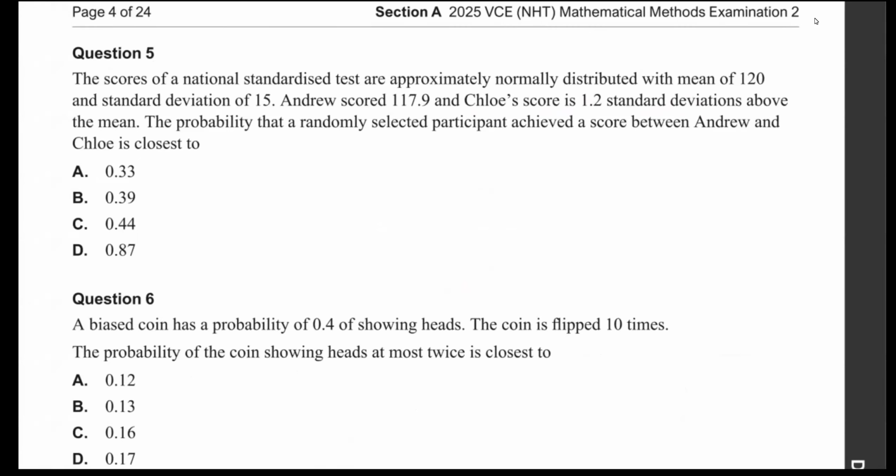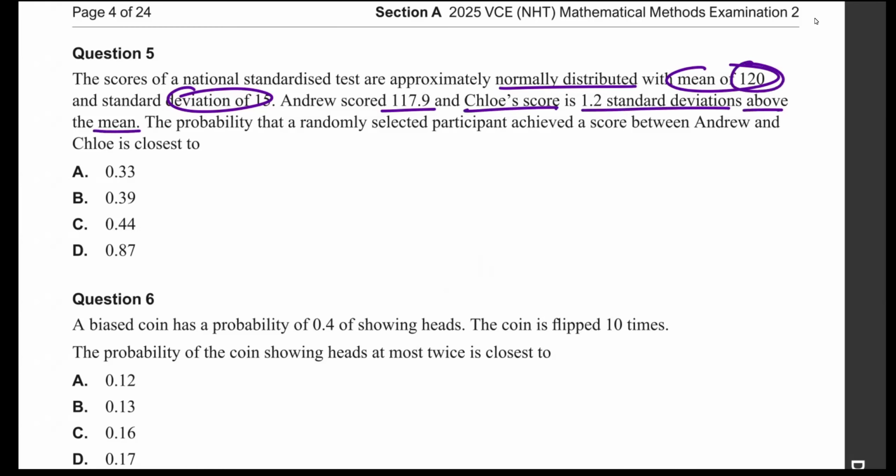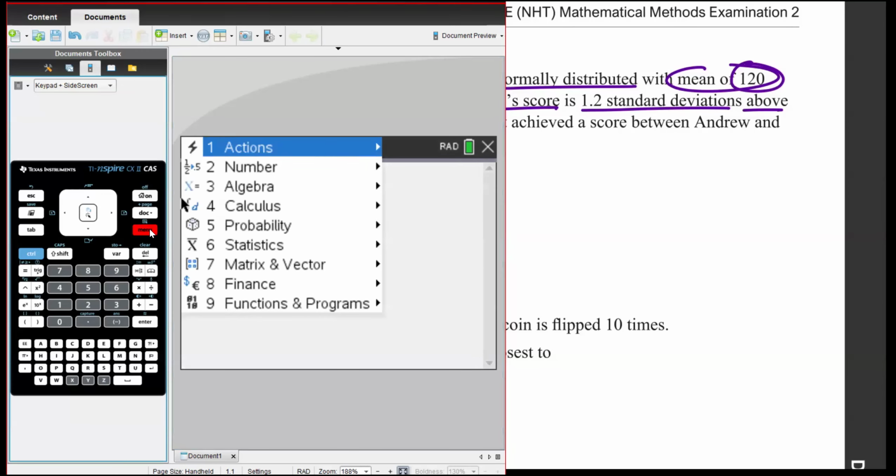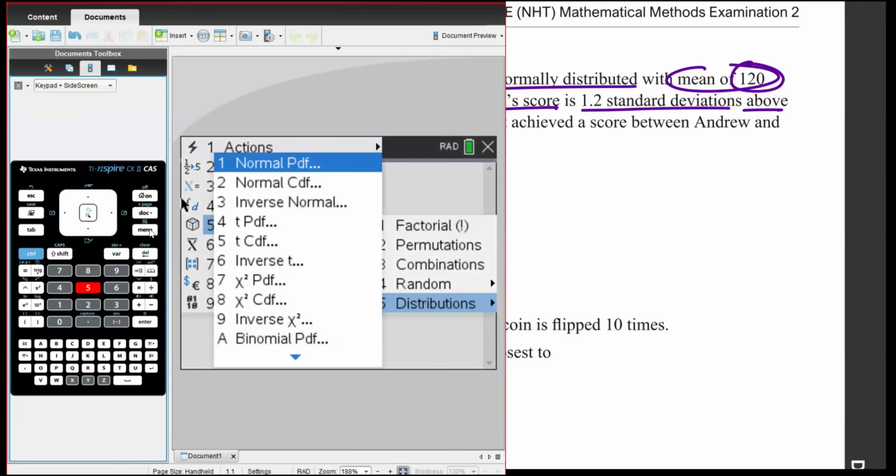Super easy. Okay, this is a normal distribution question. I'll probably have to pick up my CAS calculator. Mean value is 120, standard deviation is 15. Andrew scored 117.9. Chloe's score is 1.2 standard deviations above the mean. So I need to use 120 plus 1.2 times 15. What I'm going to do is grab my CAS. I'll go for menu 5 5 2.